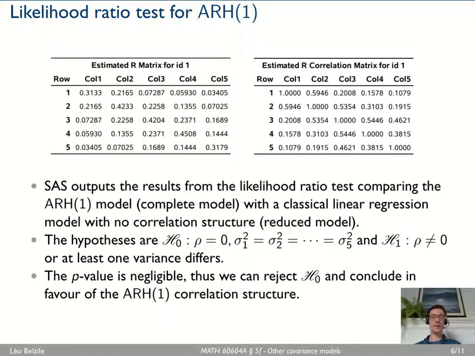SAS always has the likelihood ratio test for comparing this model to the model with a covariance matrix that's sigma squared times the identity. I can get from one to the other by fixing rho equals 0 and all the sigmas to be equal. The p-value there is negligible, so I would rule out the independent observation assumption, and that's not surprising. We had the same results for the AR1 and the compound symmetry. There's overwhelming evidence of correlation between observations.